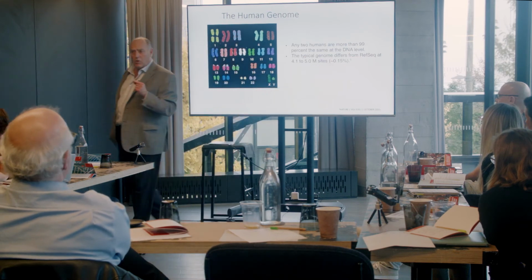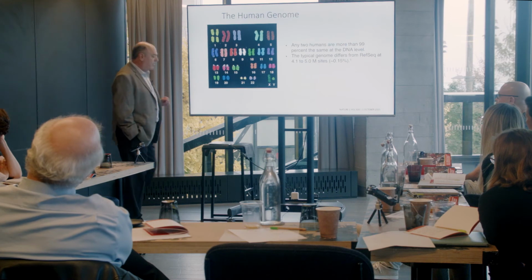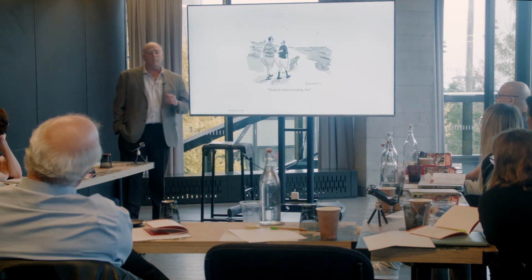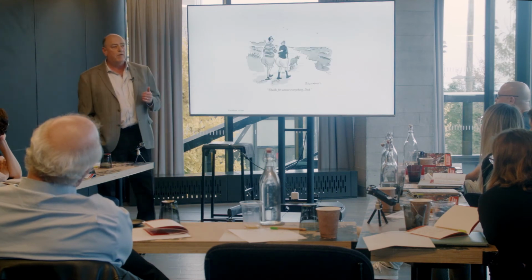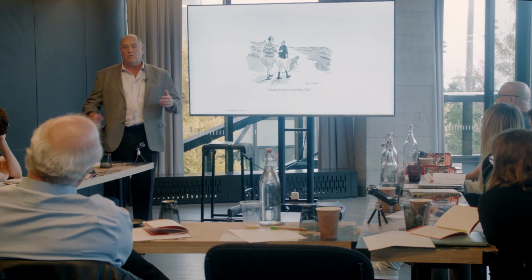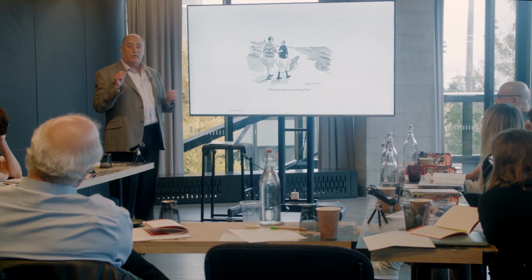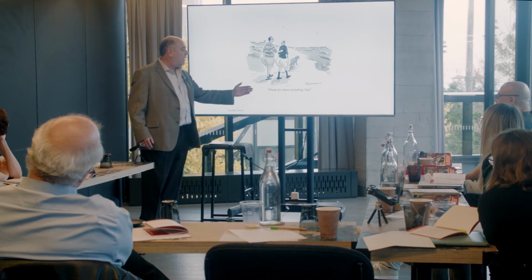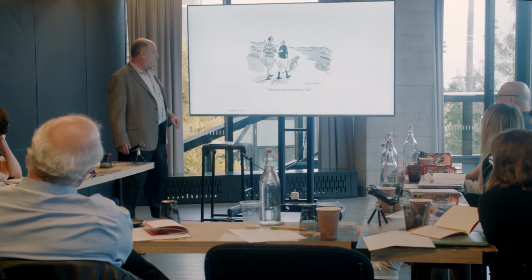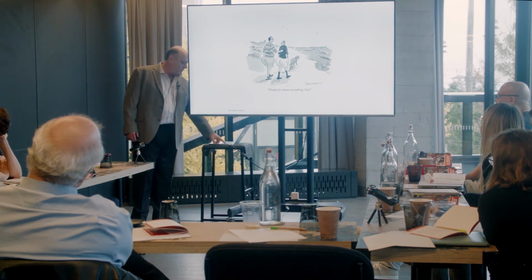Okay, so it's really small. It's really quite amazing. And that's in part because 98.5% of our DNA is non-coding. It's there for important reasons, but it doesn't specify a protein.